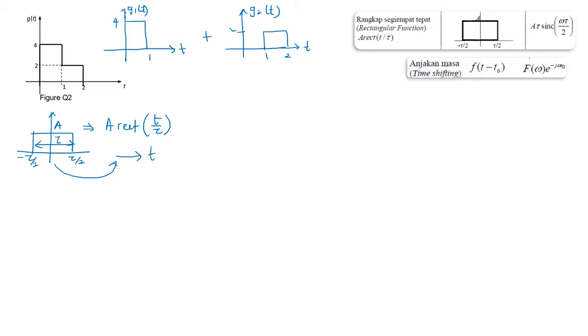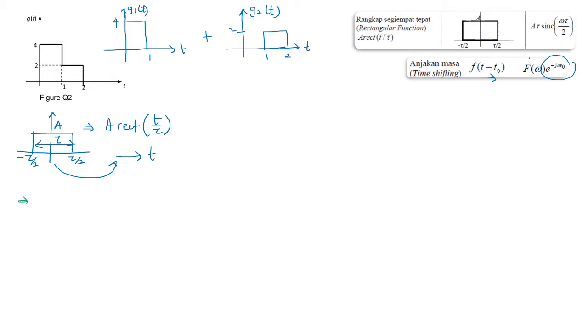Therefore you need to consider the time shifting as well. In the Fourier transform table, if you have shifting in the time domain, there will be multiplication with an exponential function in the frequency domain.